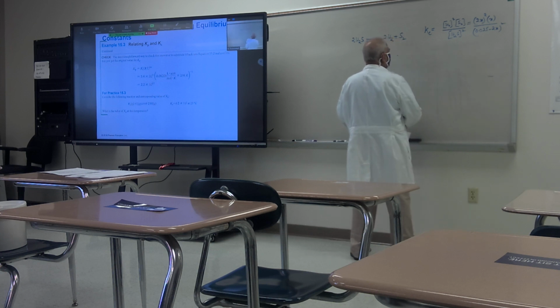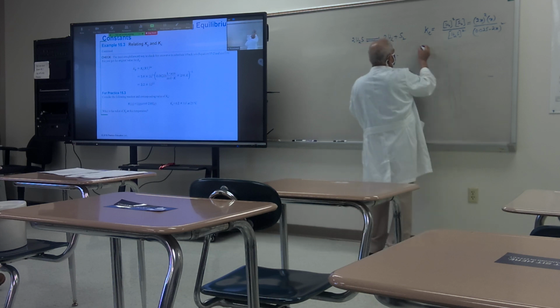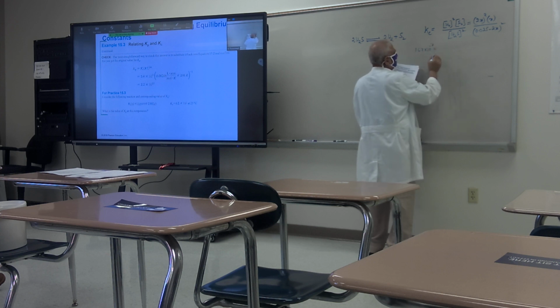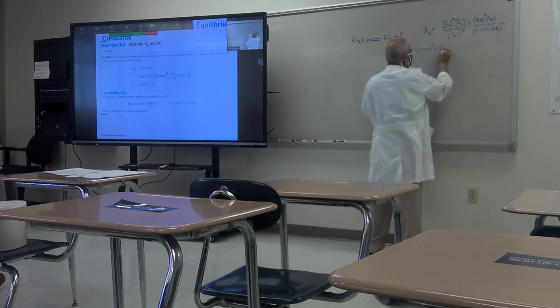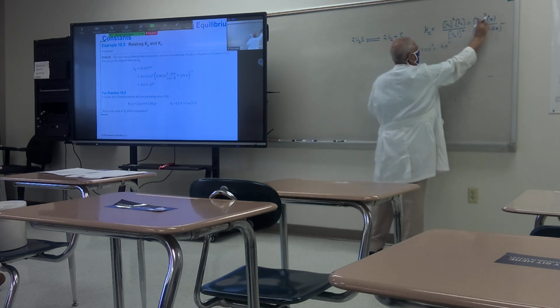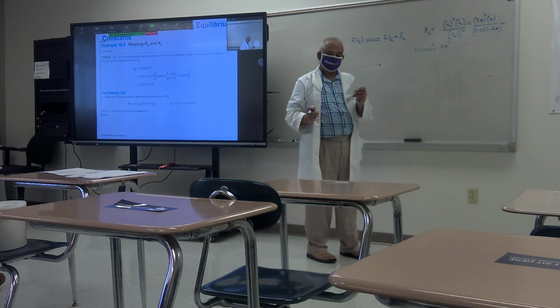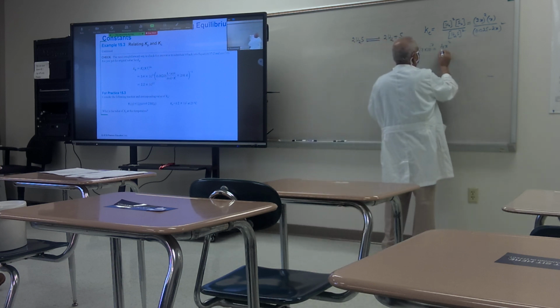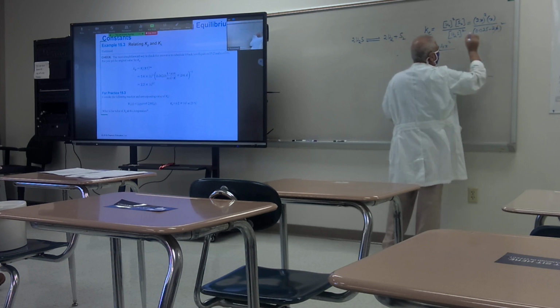Just to make it crystal clear for your understanding, they have given 1.67 times 10 to the power of negative 7, which is equal to, can I write directly 4x cube? 4x cube there, right?